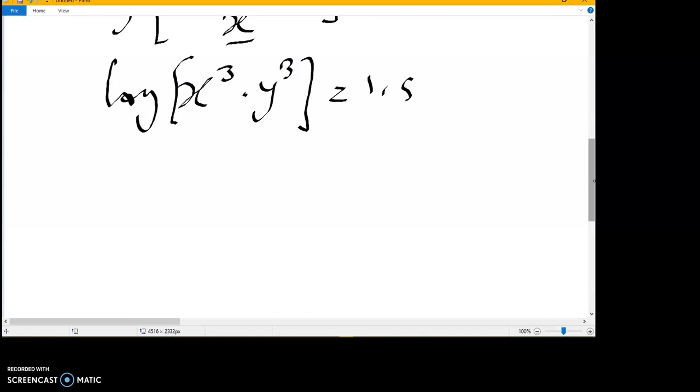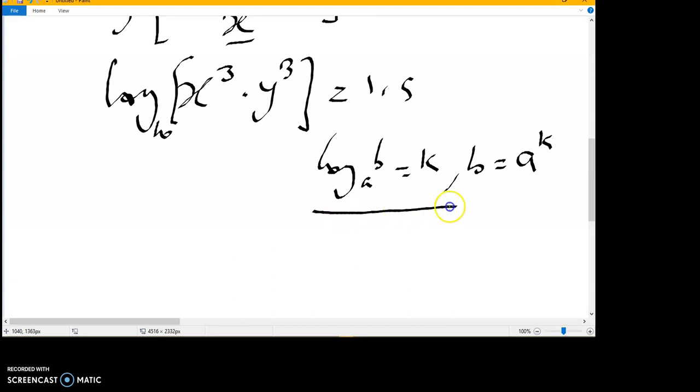So we need to write this in exponential form. We know that if log of b base a equals k, in exponential form b is equal to a to the power k. In our case, we don't have any number written as the base, so the base is 10.